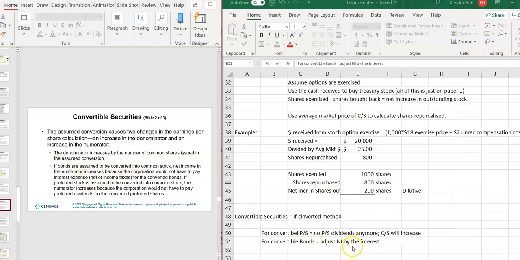Yep, net interest expense, because it's net of income tax. By the net interest expense. All right, you're going to add that back. And common stock outstanding will go up.